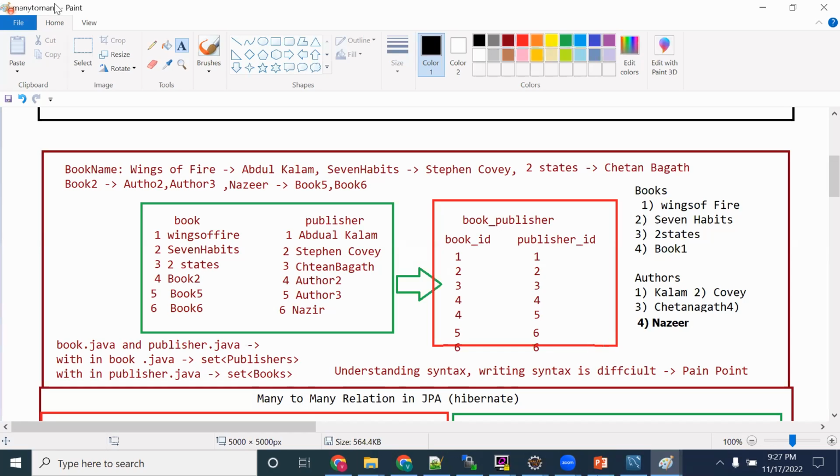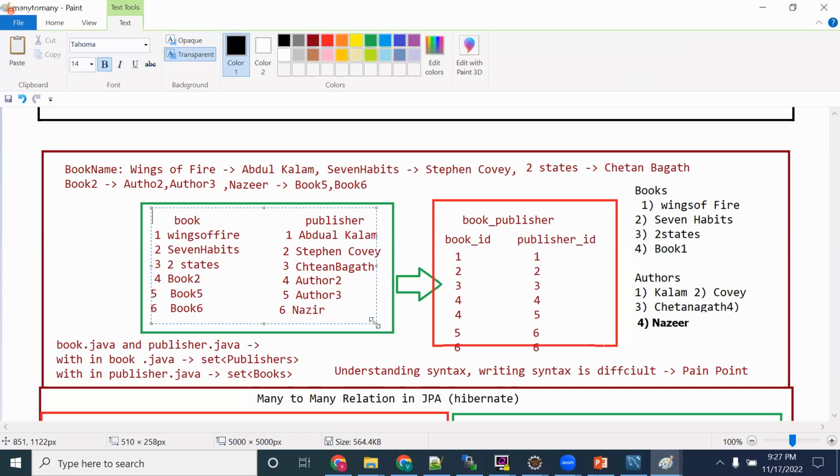Now, to write this particular code in JDBC, do you feel it's a simple code or a difficult code? I want to update the data to the database through JDBC. This is the data which I'll get as an input, and I want to update it like this in the database.